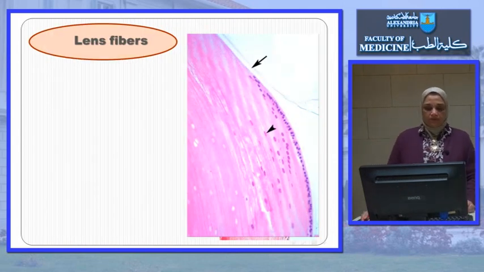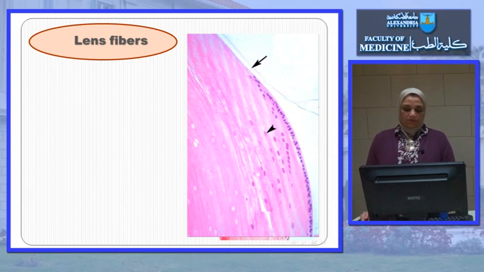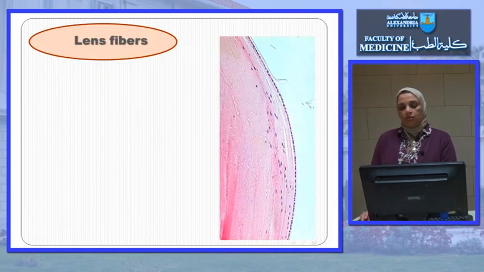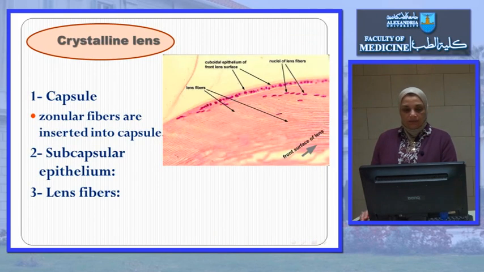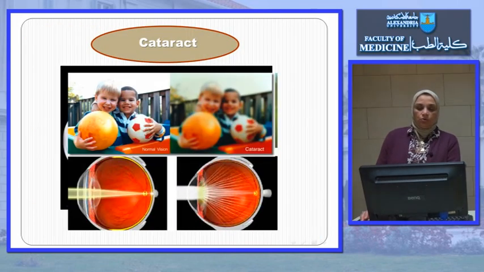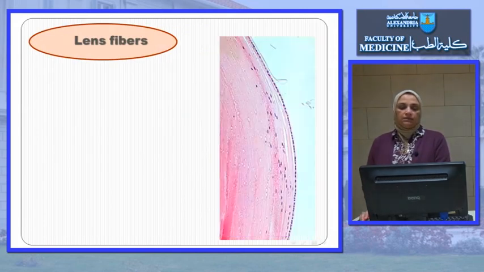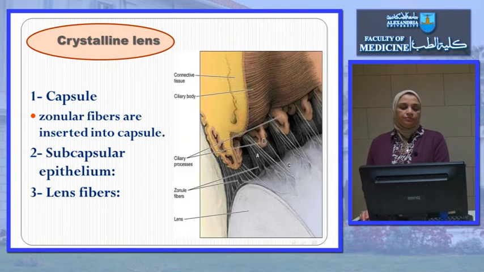So the lens is transparent, okay? The crystalline lens is very transparent, but once opacification occurs in this lens, it will lead to cataract, which is a clinical condition. Also, the lens is responsible for accommodation for near and far vision, because, as you can see, tension on these zonular fibers, together with the action of the ciliary muscle, will change the lens and adapt it for accommodation.